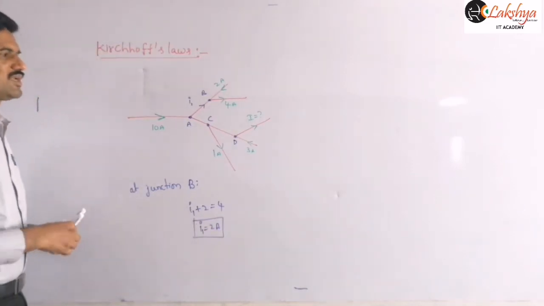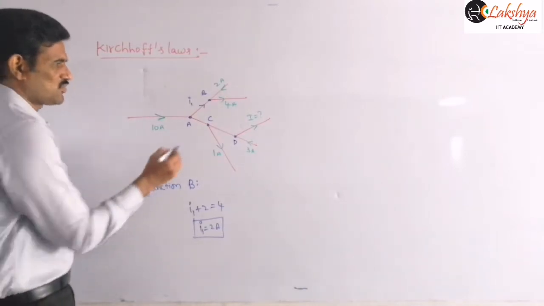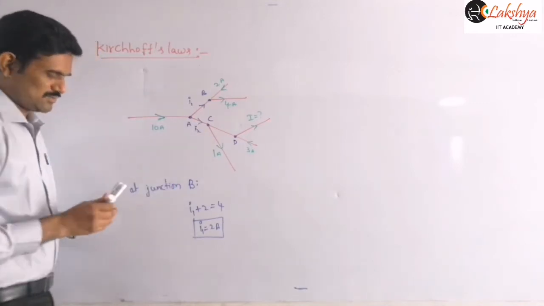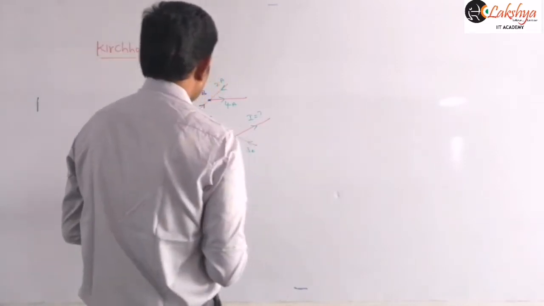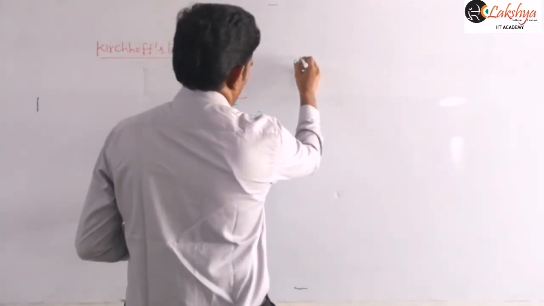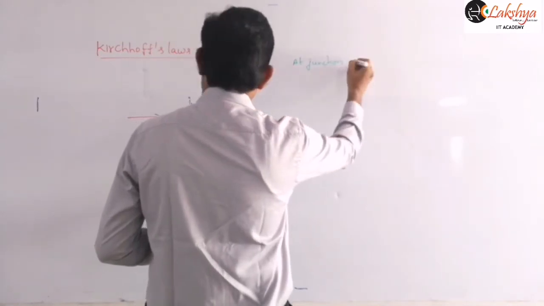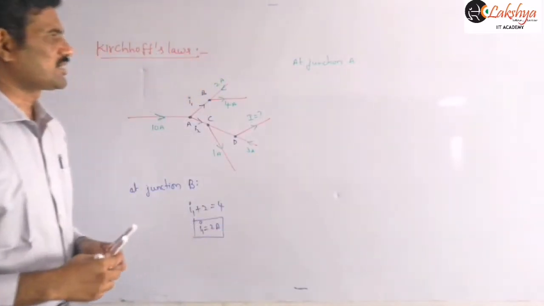And so now similarly let us apply at the junction A. At A, suppose I am taking this current as some I2, the current between A and C. So at junction A, let us write this first law.